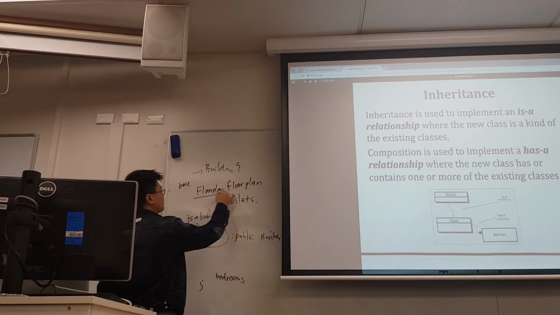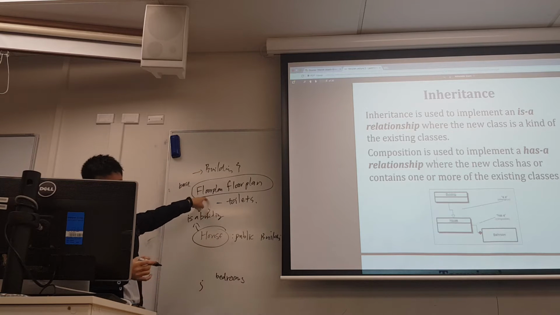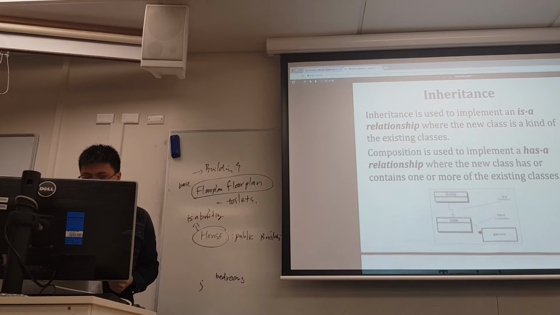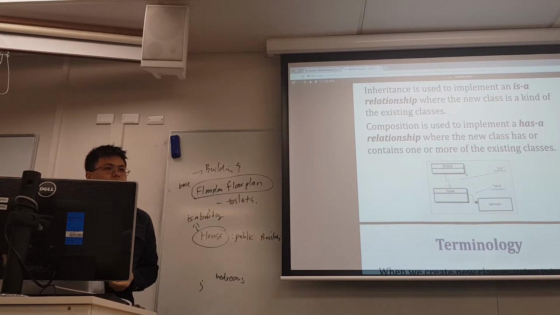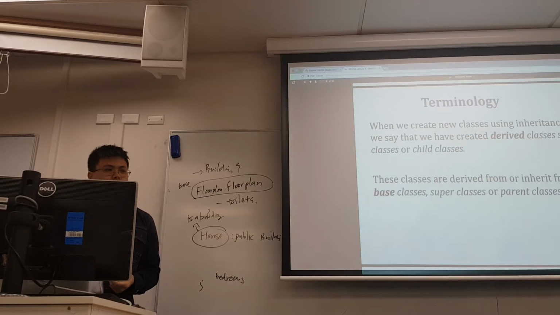Whereas if we have a composition relationship, then we say the building has a floor plan. For the sake of the exam, you might want to remember these, but they're not really that important in terms of programming in general.